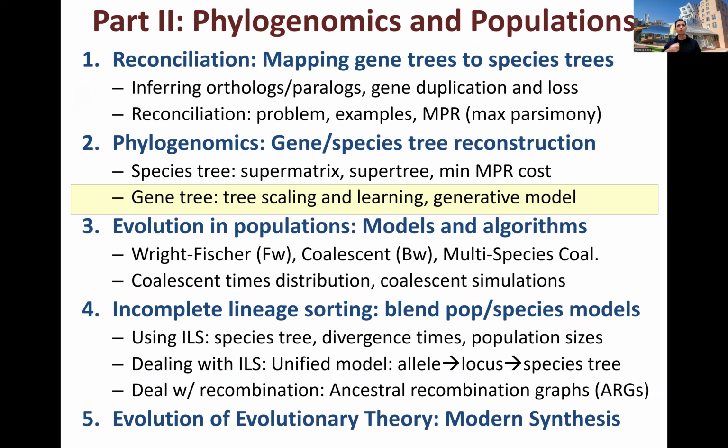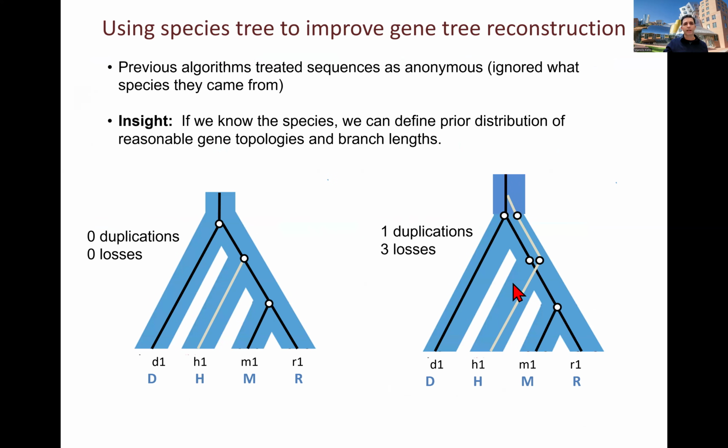I can now have a much more sophisticated model if I understand that there's species trees and gene trees. What are we going to do now? We're going to basically build a generative model for learning what a gene tree should look like if I already know the species tree. So we're going to use the concept of a common species tree across thousands of gene trees to improve gene tree reconstruction.